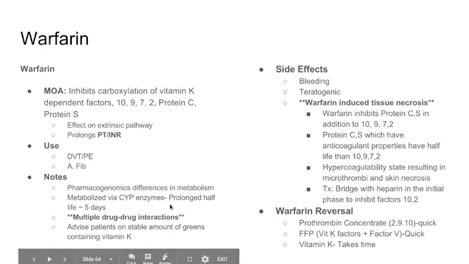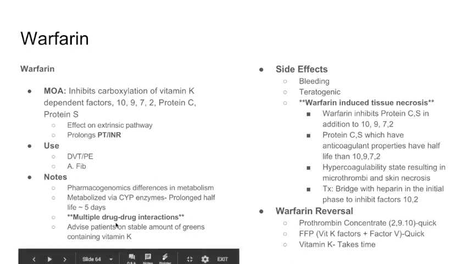It takes about 4 to 5 days to work, and the reason for that is the factors that it inhibits have a prolonged half-life. So it takes time for these factors to disappear, and you get the anticoagulation effect.